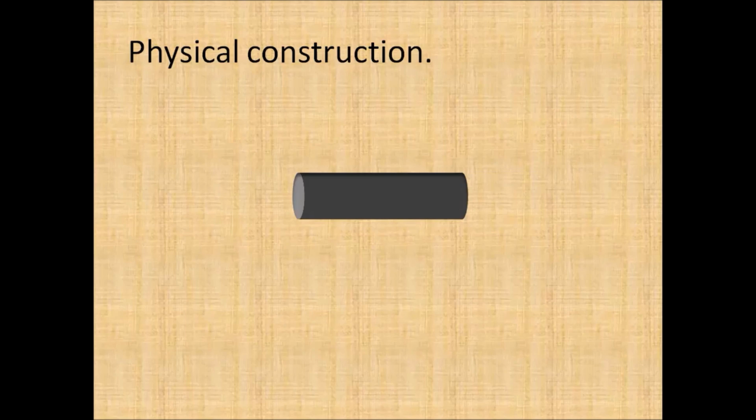And now to connect this resistor to the electric network, we need metal contacts, obviously. So for this purpose, we will add two metal contacts on each side of the cylinder. These metal contacts are known as end connectors, and for connection purposes these contacts will be connected to leads.